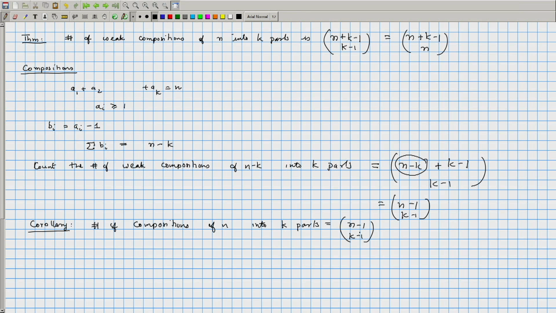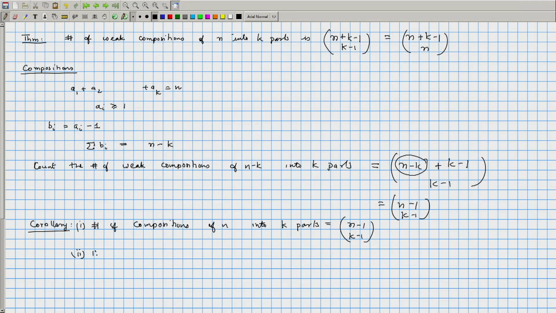This would also mean that the total number of compositions, okay, if you do not say how many parts you have to split n into, you are just splitting it into an arbitrary number of parts. Now, when we are splitting it into an arbitrary number of parts, we can't really count the weak compositions, because if each part were allowed to be empty, you can have say one empty part, two empty parts. There are infinitely many ways of doing that.